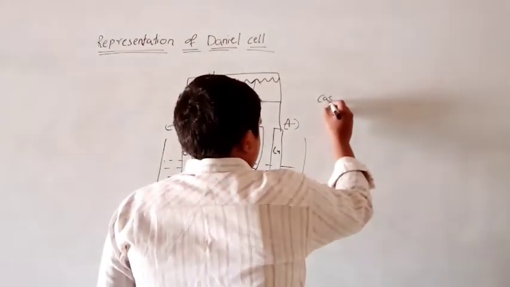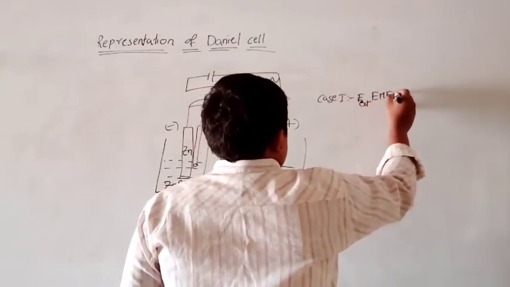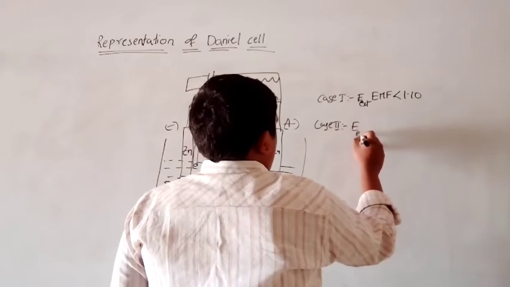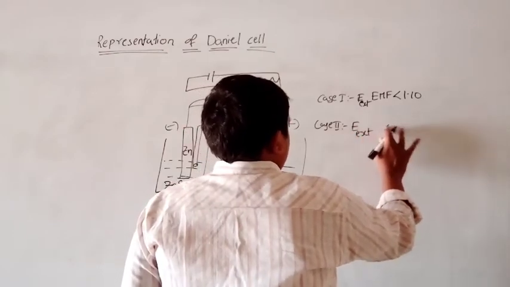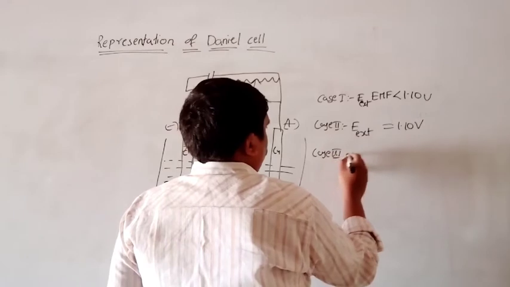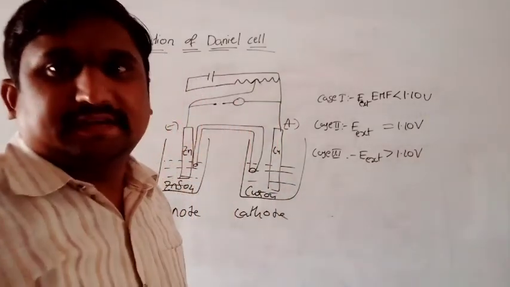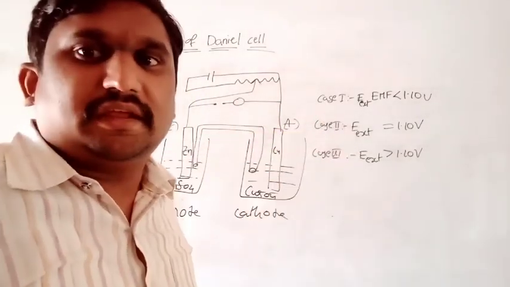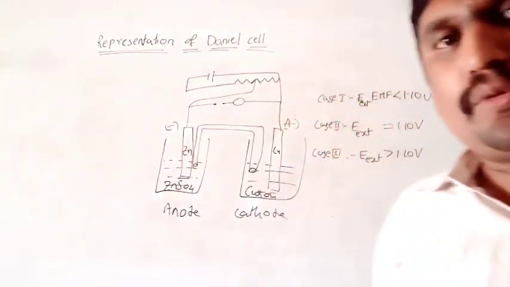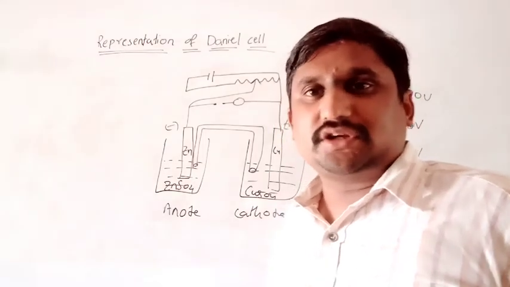First case: external EMF is less than 1.10 V. If the external EMF is less than 1.10, there is no problem to the functioning of the cell. The cell will function in a normal manner.